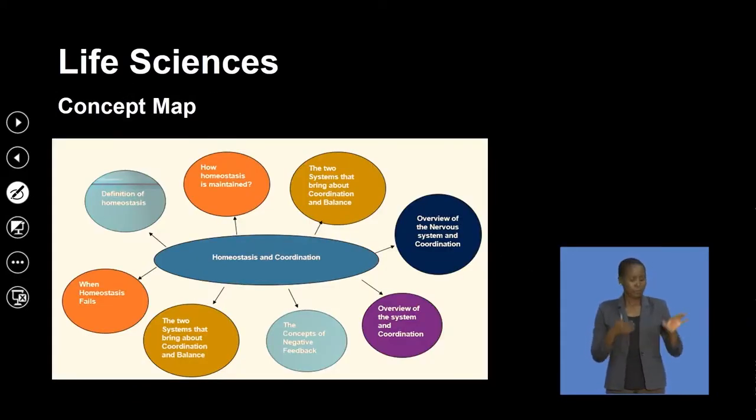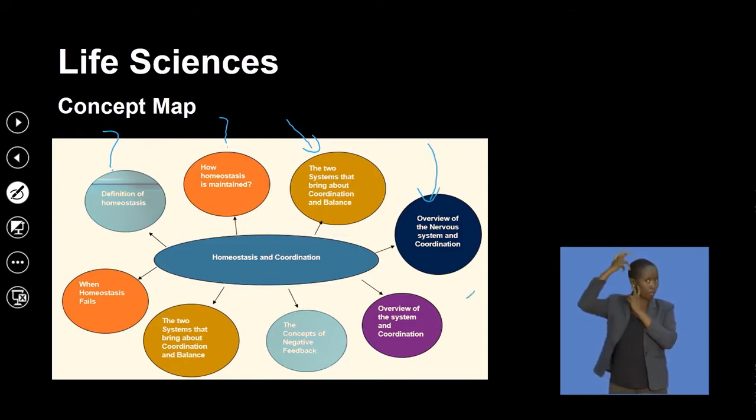So let's look at the concepts that we're going to discuss in our lesson today. We're going to unpack what the definition is of homeostasis. We're going to look at how homeostasis is maintained in the body. We're going to unpack the two systems that bring about balance and coordination. We're going to have an overview of what the nervous system is and how that coordinates body functions.